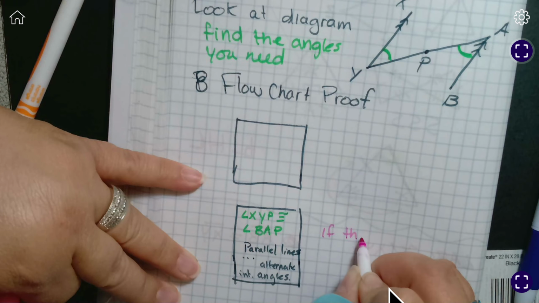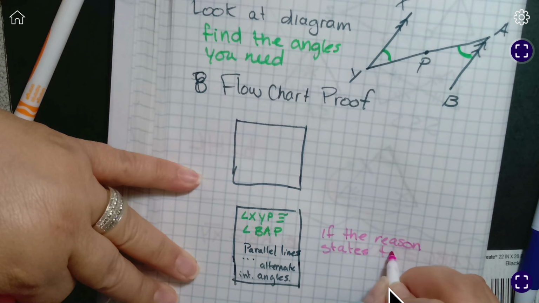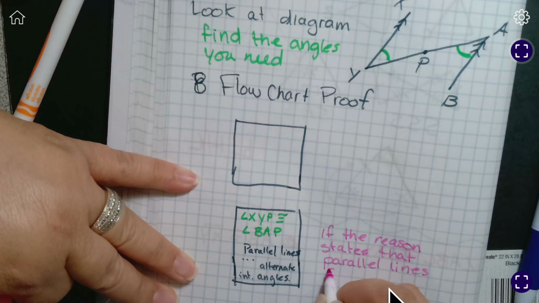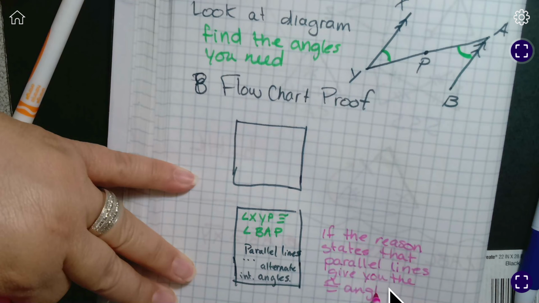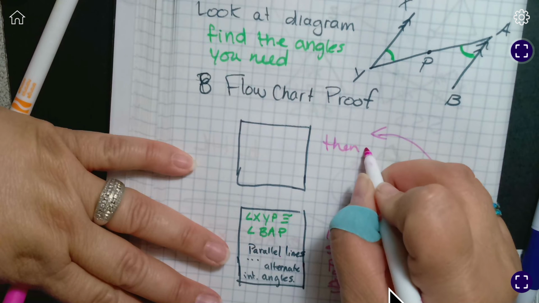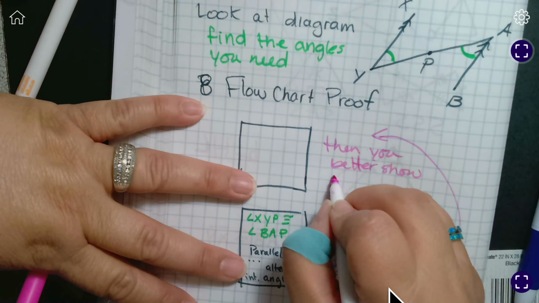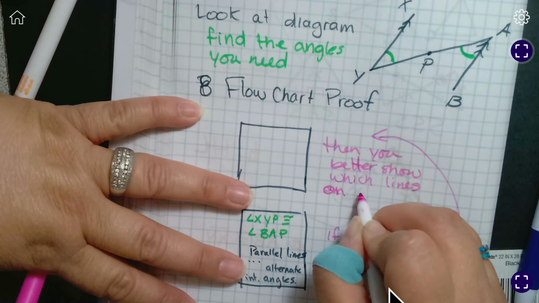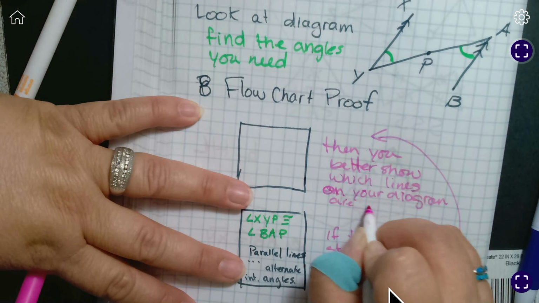If the reason states that parallel lines give you the congruent angles, then you better show which lines on your diagram are parallel.